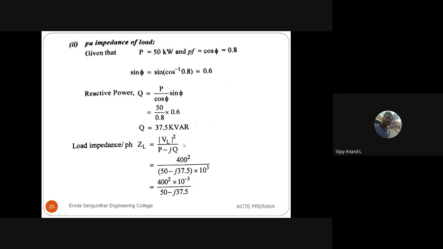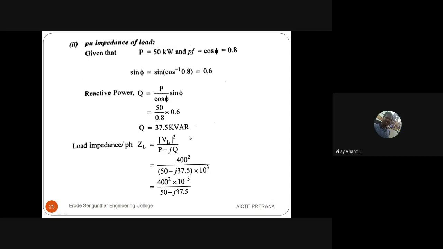Now we know the values. VL is 400 volt, so 400 squared divided by P value 50 minus j 37.5, multiplied by 10 power 3 because it is denoted by k.